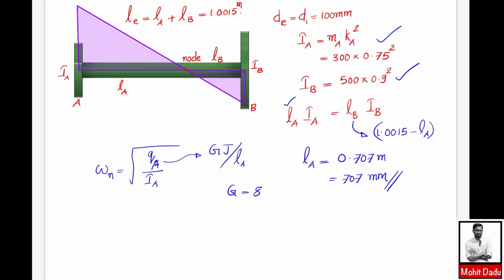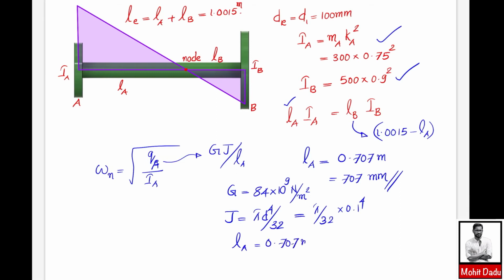So G is around 84 gigapascal. If it is not given, you can take this value as 84 into 10 raised to 9 Newton per meter square, and J is equal to pi d raised to 4 by 32, where this diameter is actually the diameter of the equivalent shaft. So this will become pi by 32 into 0.1 raised to 4. That value you can evaluate, and LA value now you are having, which is 0.707 meter. All values we are substituting in the SI unit, and finally IA also we have evaluated here, that is MA into K square.